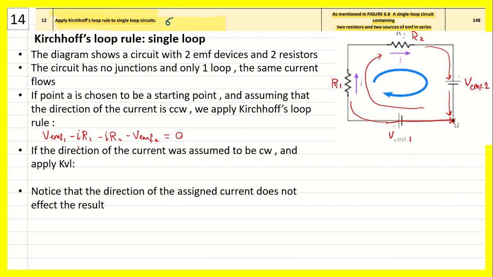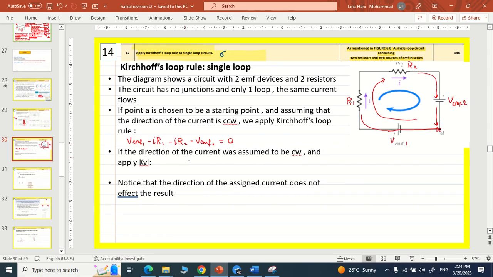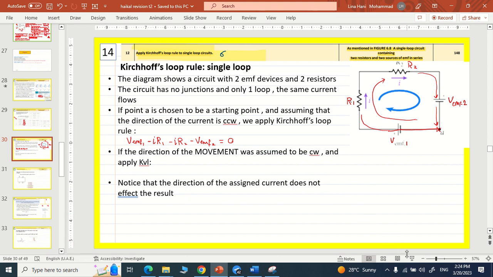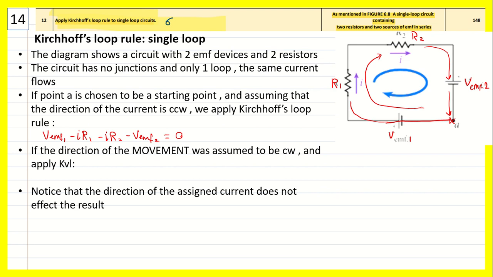If the direction of movement was assumed to be counterclockwise and we apply the KVL, what's going to happen? So now we're going to move across the circuit counterclockwise, starting from point A. First, I go through the EMF 2 from the positive terminal, so I'm going to substitute it as positive.